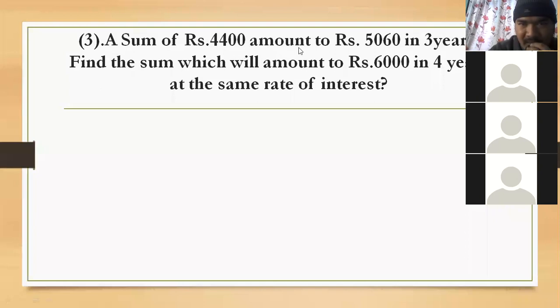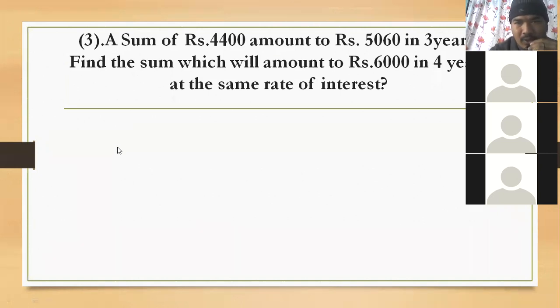With the help of principal and amount we can find the interest, and with time we can find the rate. That rate will be used in the second case, where the amount and time are given. Okay, children? Yes, sir.